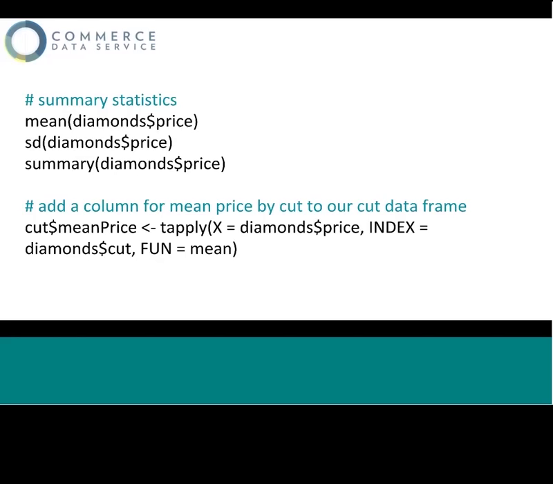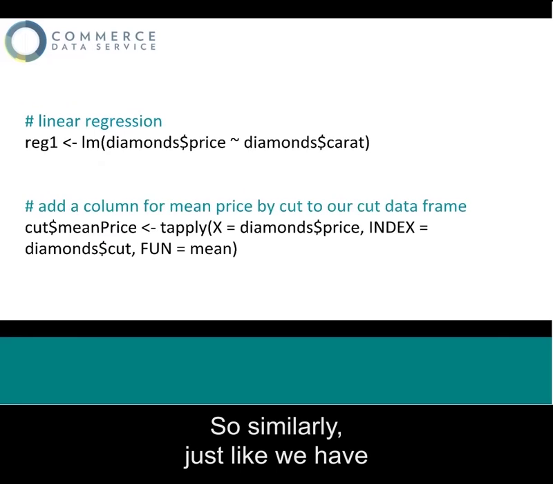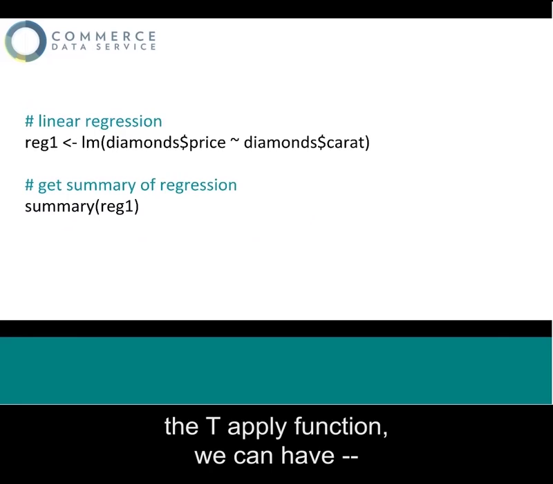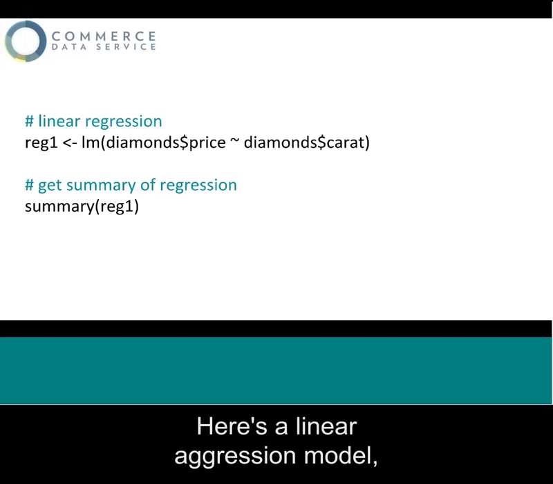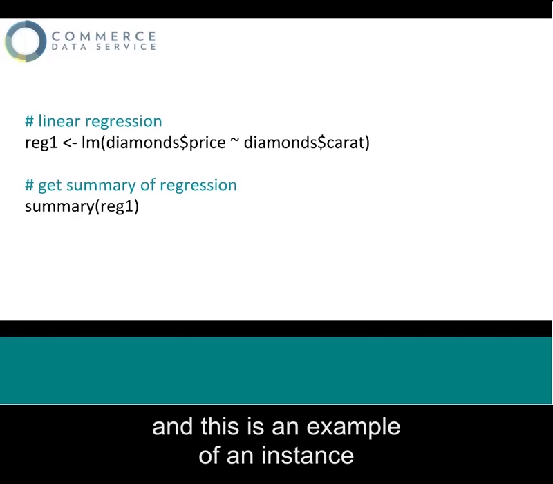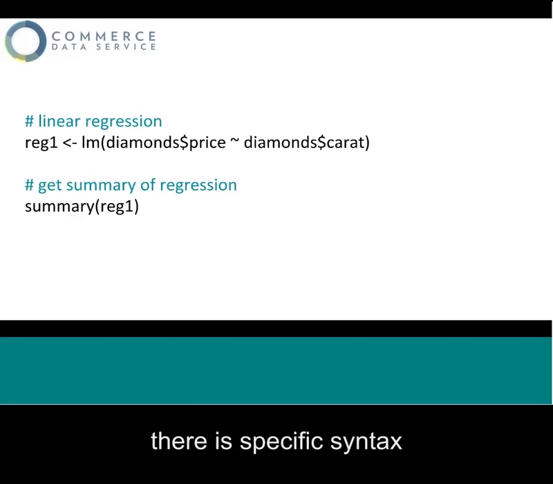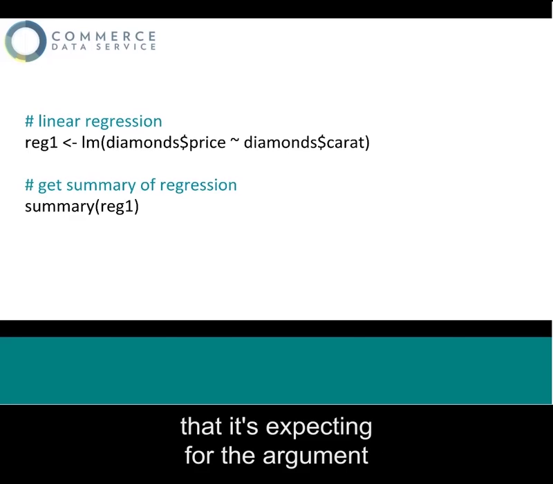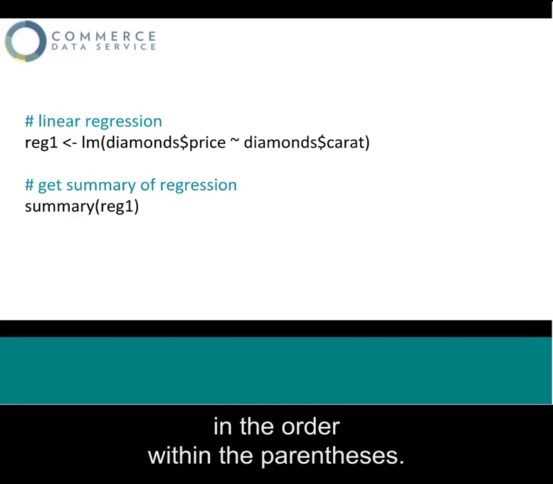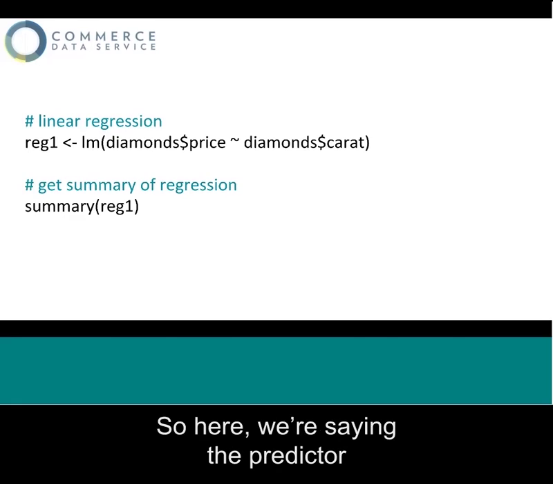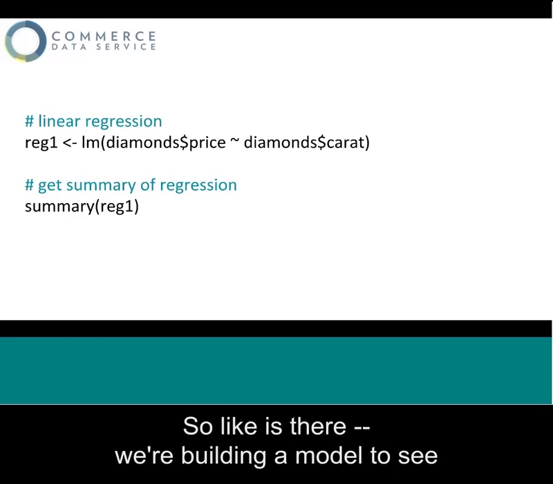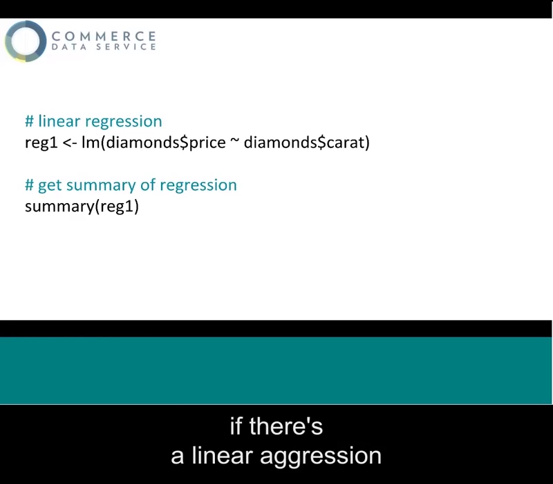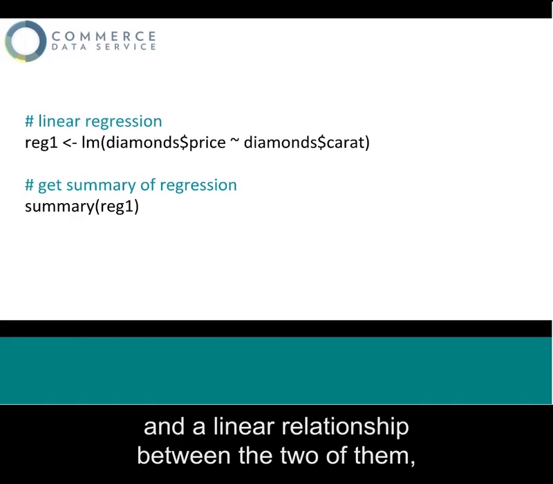Similarly, just like we have the tapply function, we can actually run models in R, which is the best part. Here's a linear regression model, and this is an instance where there is specific syntax it's expecting for the arguments, in the order within the parentheses. Here the predictor is carat for diamonds, and the target is price. So we're building a model to see if there's a linear relationship between the two of them.